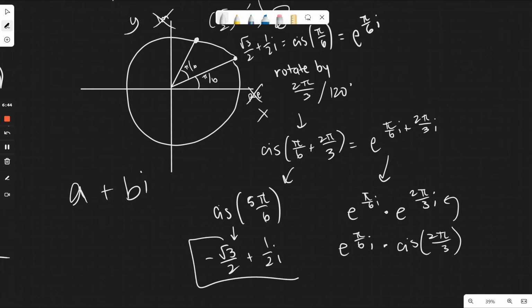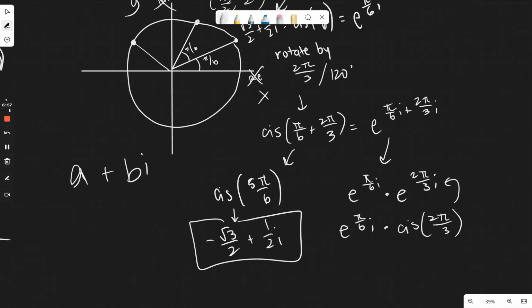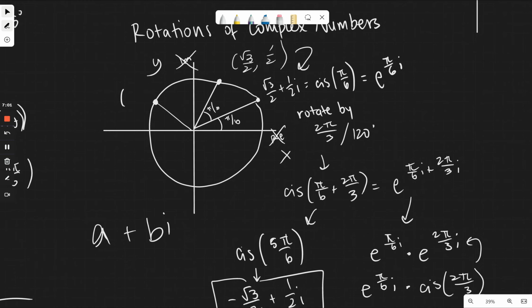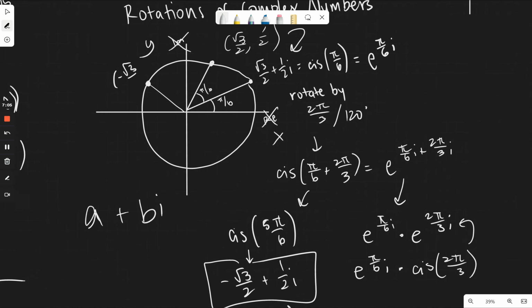We converted it to something imaginary and it has an i in it, but 5 pi over 6 is right here. All this is telling us is what our x is and what our y is. So in the real plane, in the Cartesian coordinate system, this coordinate would be negative square root 3 over 2, 1/2 when we rotated it.